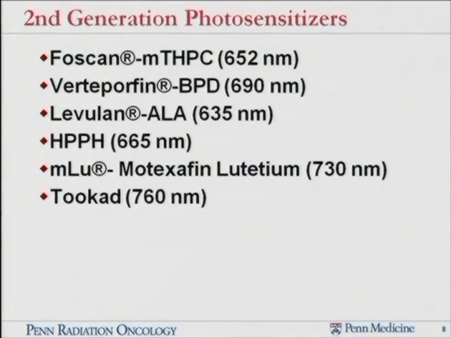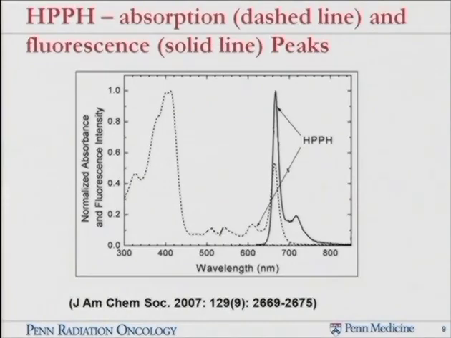ALA and HPPH, which was developed at Roswell Park, Lutex and TOOKAD. The one I'll mention a little more is HPPH. That's the one drug we're currently using for pleural PDT. It has pretty clean absorption peaks, 2 peaks, one near 400 nanometers, perfect for excitation with blue light, and the other at 665 nanometers.